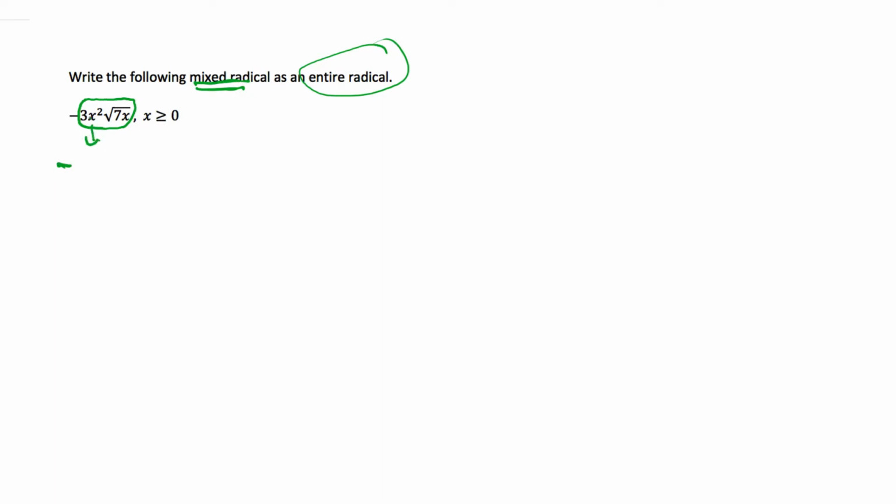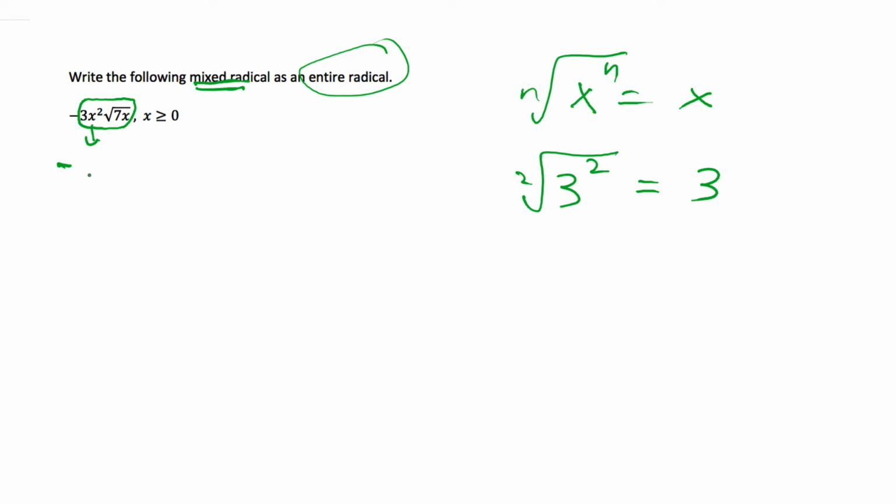And then I'm going to reverse my inverse property. So when I see the 3 there, I'm going to take the 3 and reverse it back into a square root, because that's what I'm dealing with here. That means the 3 would have had to have been the square root of 3 squared. The x squared would have been the square root of x squared squared, and times the root 7x, which is already there.